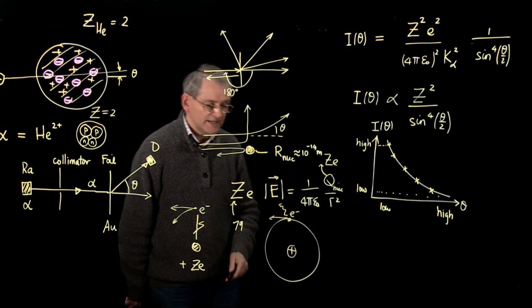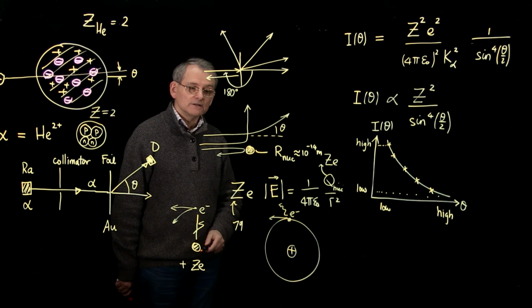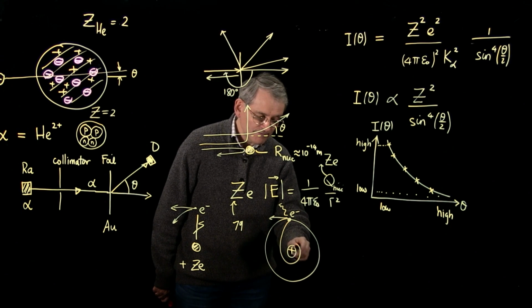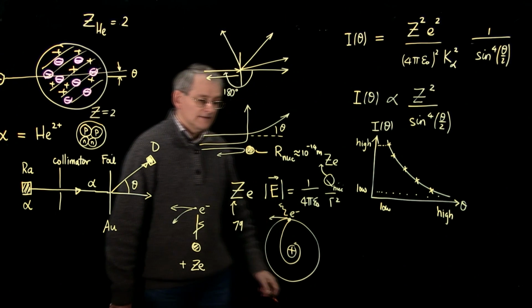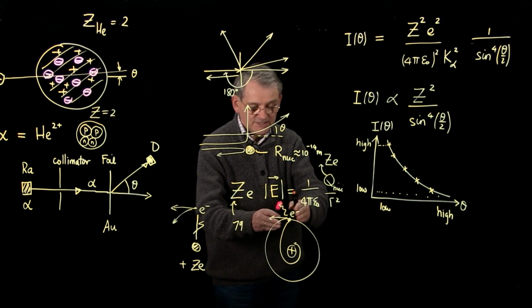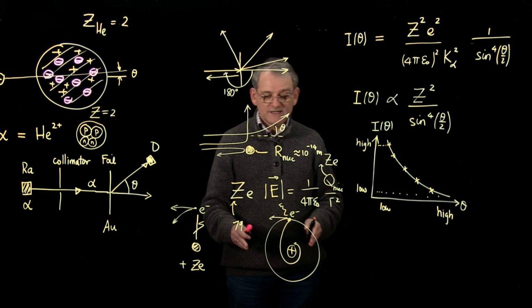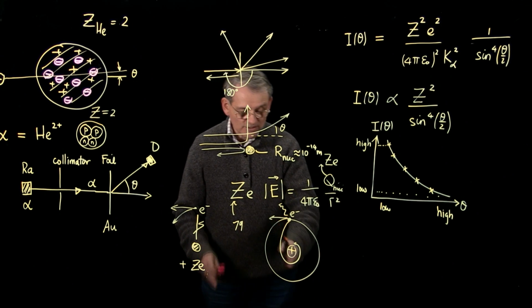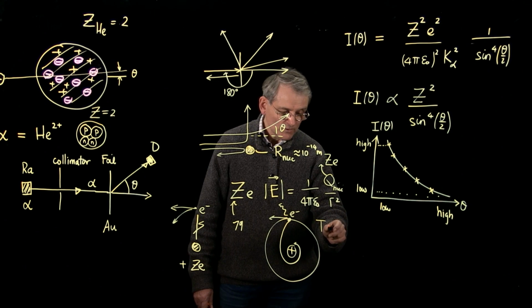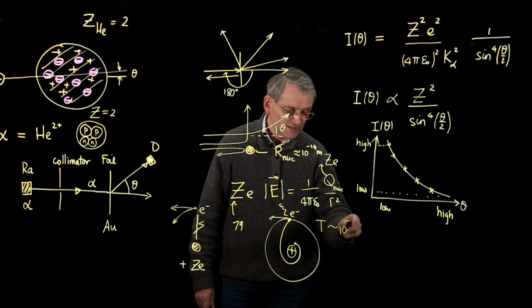If it gives off radiation, it will spiral into the nucleus. And so what we have is a prediction that matter is not stable according to this Rutherford model, because the electron is giving off radiation continuously, spiraling into the nucleus, and the lifetime of this is of the order of 10 to the minus 12 seconds.